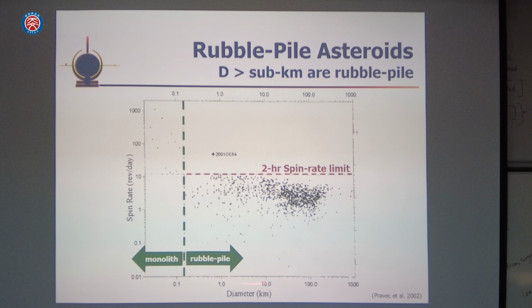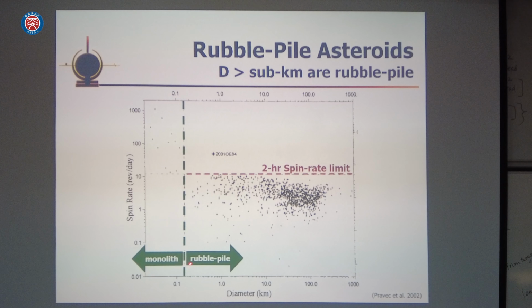As I told you, the rubble-pile structure is very weak, so they cannot rotate fast. So in this region, you don't find anything faster than 2 hours. But as a single rock, you can rotate as fast as you can. I am not sure if you can have the centrifugal force that eventually can break down the mechanical structure.